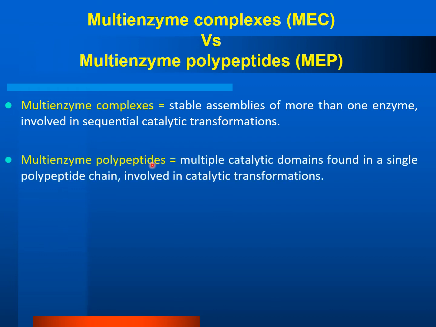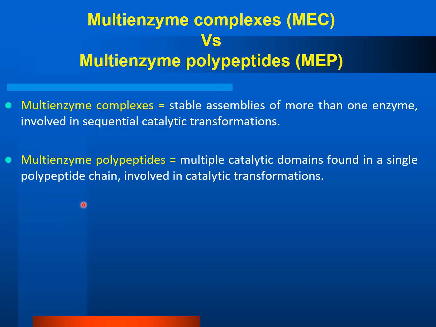Whereas multi-enzyme polypeptides are multiple catalytic domains found in a single polypeptide chain involved in catalytic transformation. So the basic difference between the two is that multi-enzyme complexes contain more than one candidate enzyme.